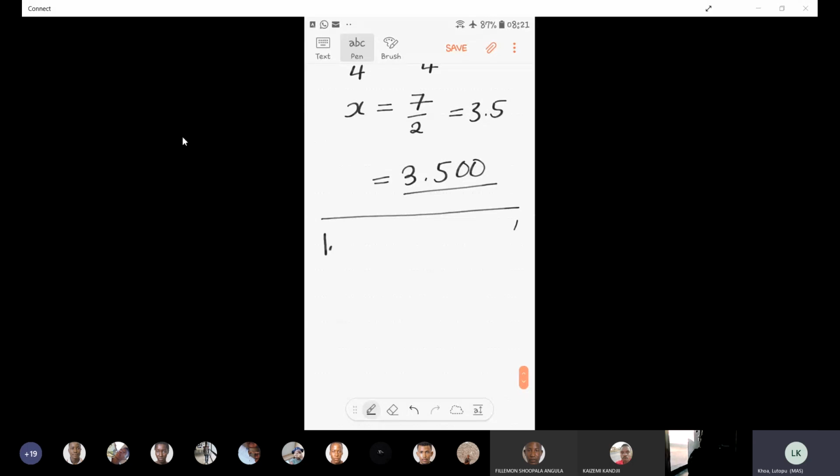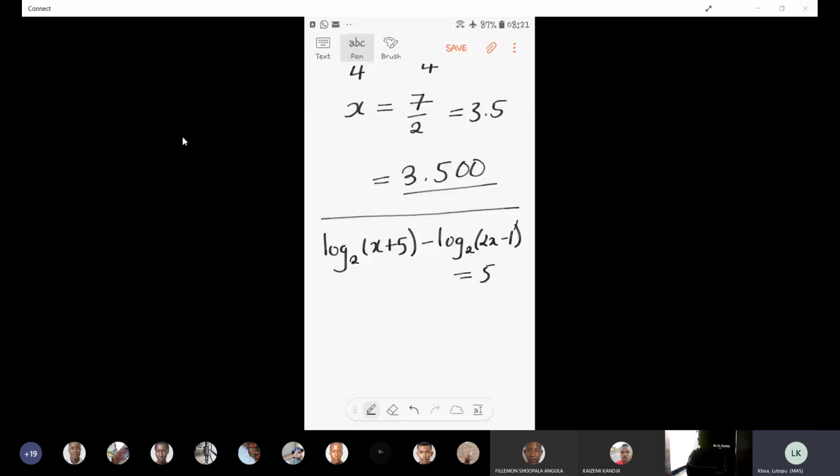Okay, then another one. We have log base 2 of x plus 5 minus log base 2 of 2x minus 1, and this is equal to 5. Now with this one, the bases are the same.